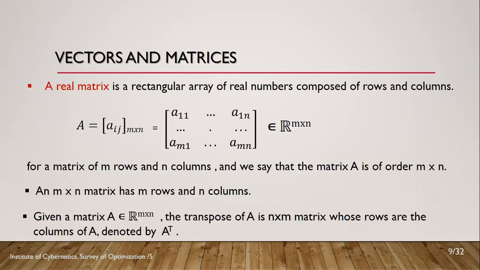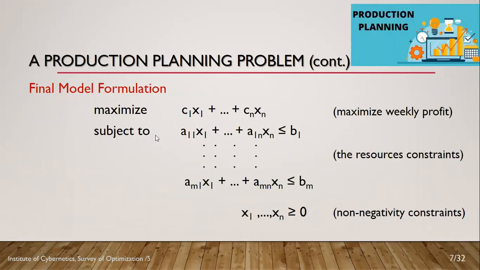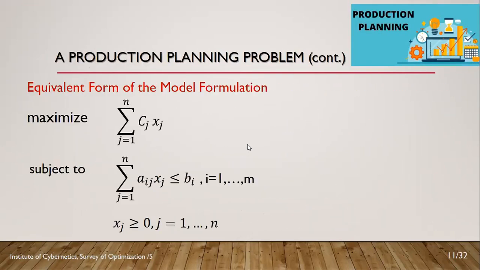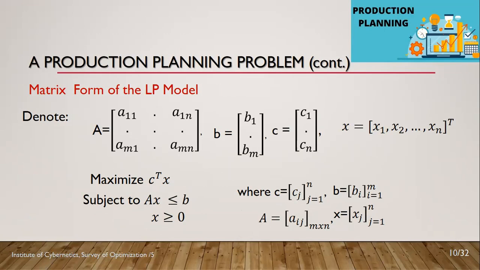The spelled out version is presented on this slide. And of course, we had the non-negativity constraints on the number of products produced, meaning for all the decision variables.